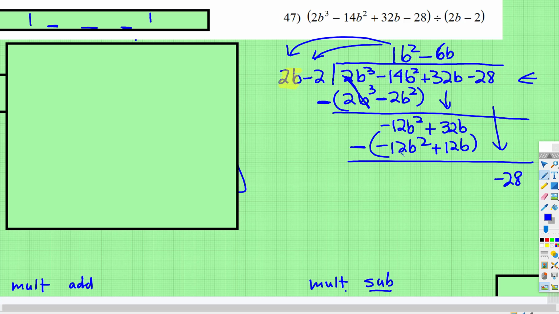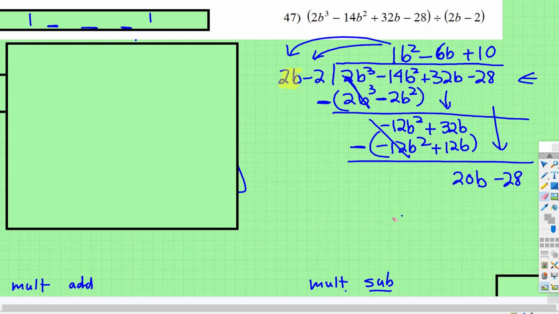So any number subtract itself cancels, and then 32 subtract 12 leaves us with 20b. Then 2b times what is equal to 20b? Well, b to the first times b to the 0 is b to the first, or b to the first times 1. So 2 times 10 is 20. So we're going to put positive 10.